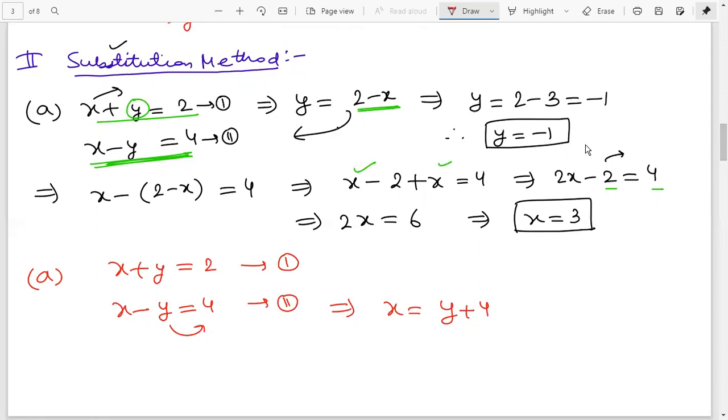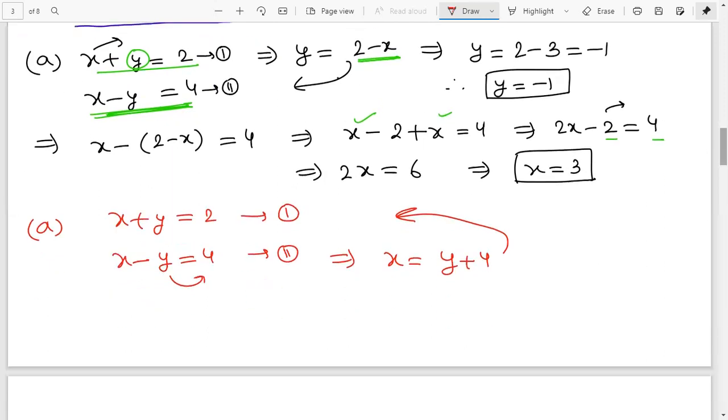And this x equal to y plus 4 we will substitute in the first equation, that is x plus y equal to 2. So x value we can put in the first equation from the third equation. What we see is that the difficulty is how to write the statements for these types of steps. So first we make this equation as equation 3.